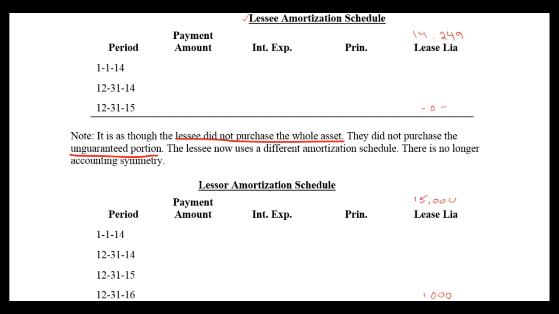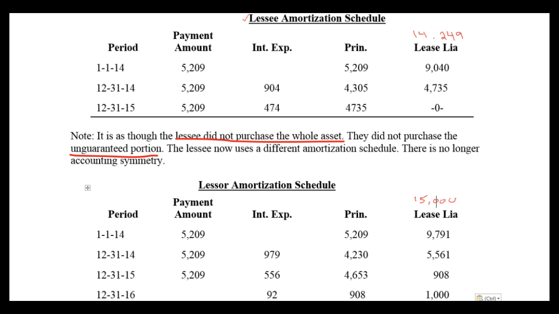So here we are looking at our two amortization schedules. Notice that our first amortization schedule, that for the lessee, began with $14,249, and it amortized doing normal amortization techniques down to zero.